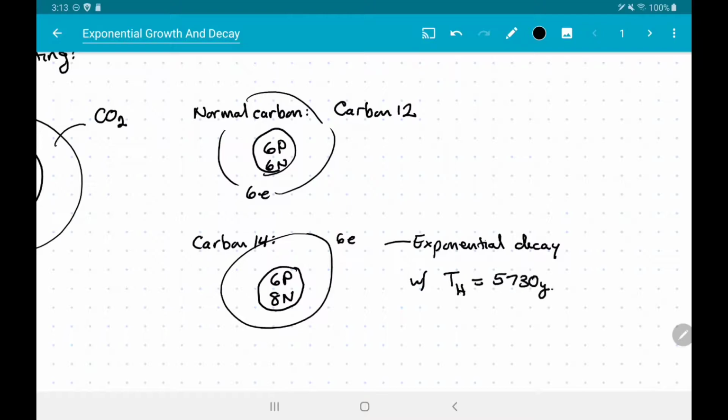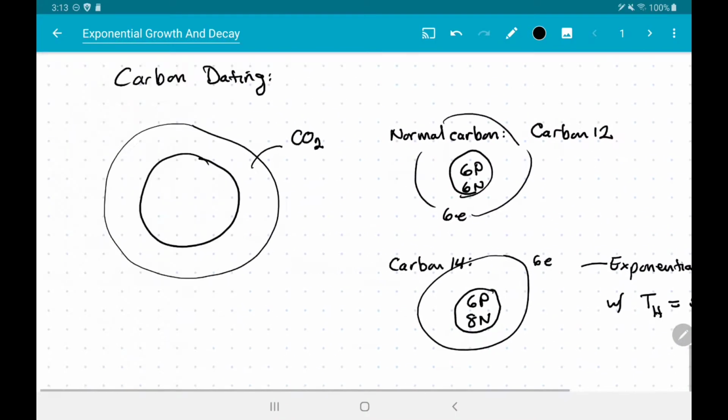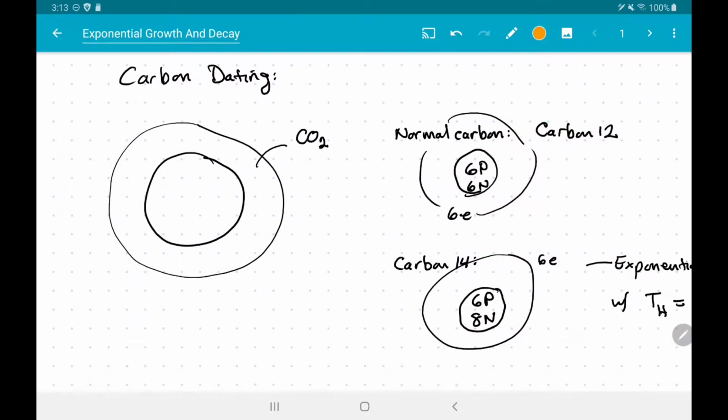5,730 years. Now, where does carbon-14 come from? If it keeps breaking down, then sooner or later we should run out of it. Well, the source of carbon-14 is that high energy radiation from out in space can come in and interact with nitrogen.